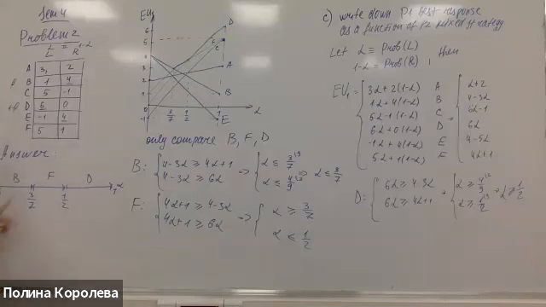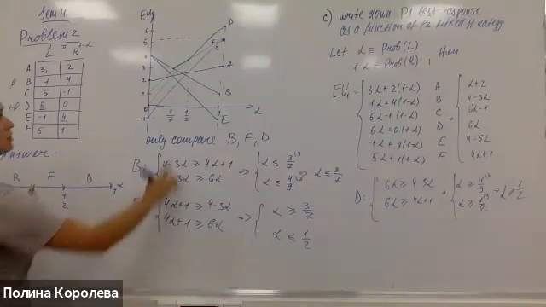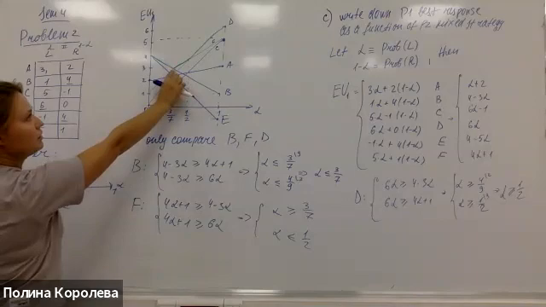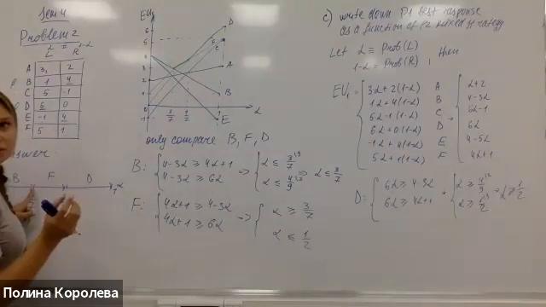Then, what is next? If alpha is exactly 3 divided by 7, we are indifferent. You see, we are indifferent between playing B or F or some mix of them.